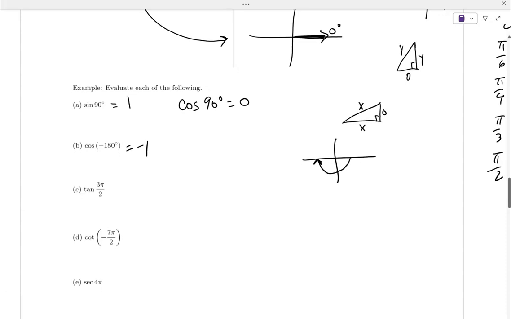This one says tangent of 3 pi over 2, right? Really, I'm interested in pi over 2 and see what happens, and then worry about the positive and the negative, right? But again, tangent can be written as sine over cosine, correct?